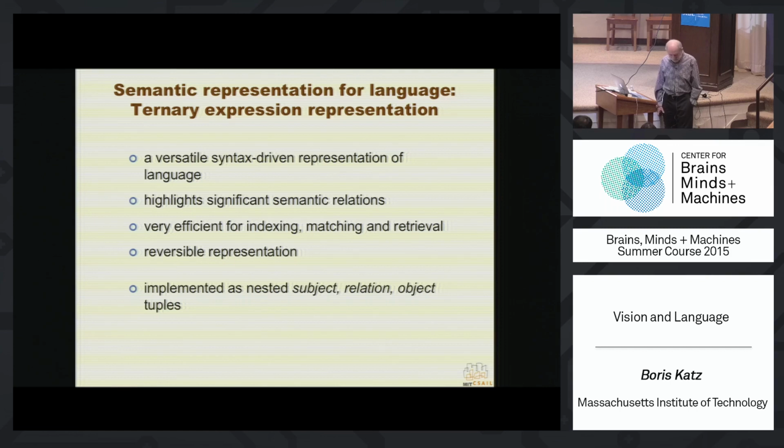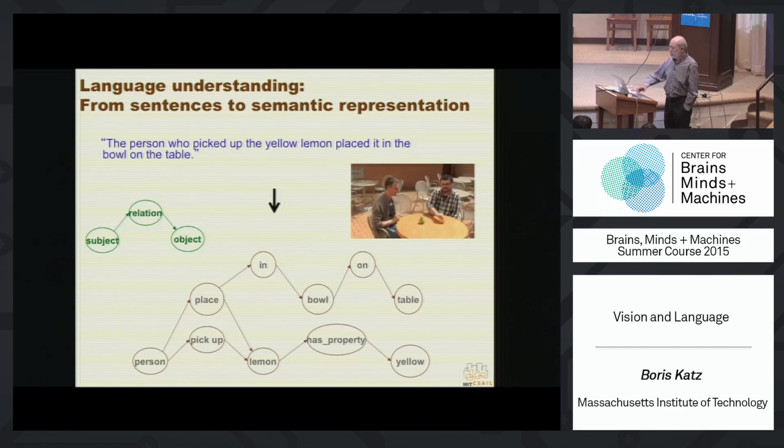We implemented it as a nested subject relation object set of tuples. So here is a different sentence. Say you have this image. You may recognize one of the characters there in the back. It's Andrei Barbu. And say you want to describe in language what you see here.